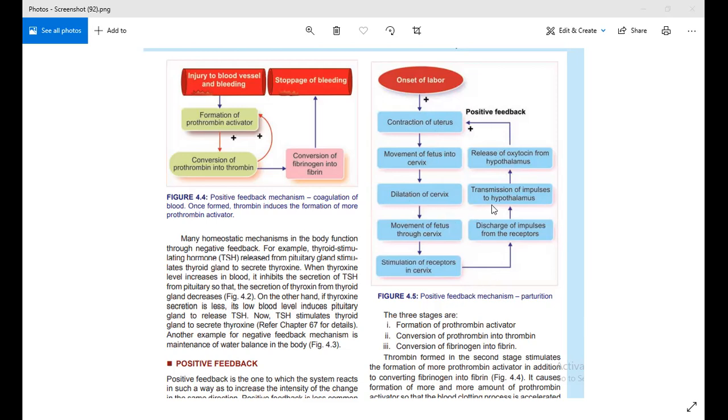So that is what happens in a positive feedback. So two examples of positive feedback are the blood clotting process and labor. Blood clotting and labor are the two main examples of positive feedback.